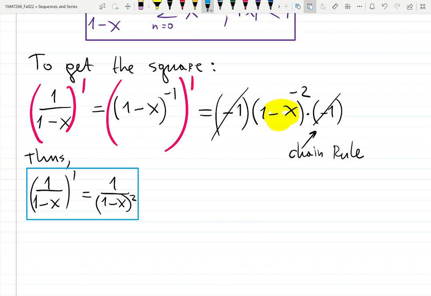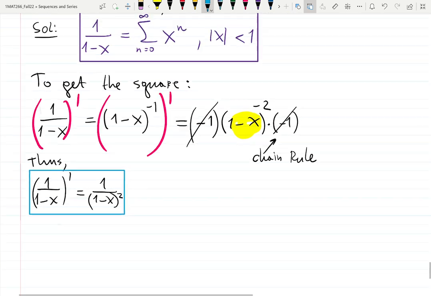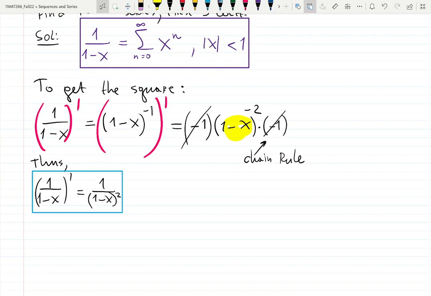But now, since we know this connection for the left-hand side of the formula, now we can figure out the derivative of the series. Then, let's find the derivative of x to the n. That's easy, that's just power rule.